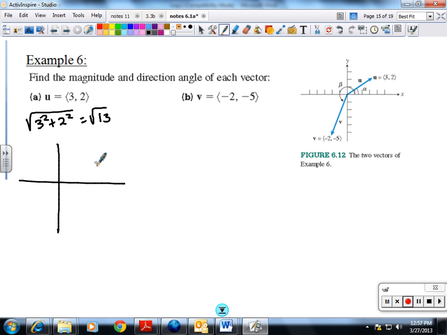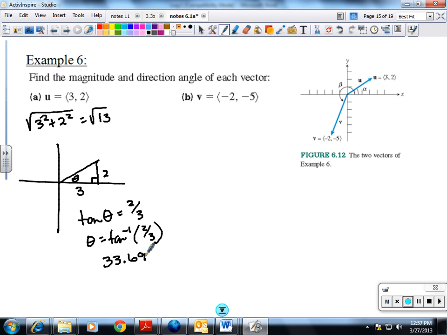Go over 3 and up 2. And we have to find this angle here. Well, that's opposite over adjacent. So tan equals opposite over adjacent. Do inverse tan of both sides to get an angle, and you get 33.69. So there's my magnitude and my direction angle.